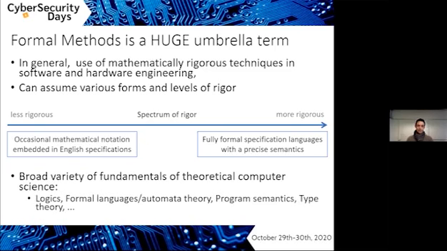I was specifically very vague in using the term mathematical techniques because there are many of them, and they are rooted in the fundamentals of theoretical computer science and control theory. They range from formal logic, formal languages, and automata theory to program semantics, type theory, and many, many more.